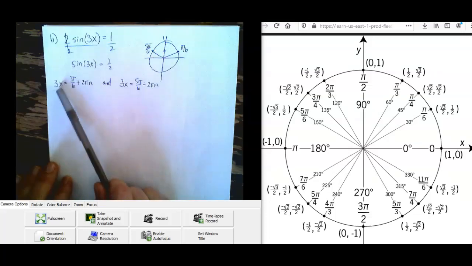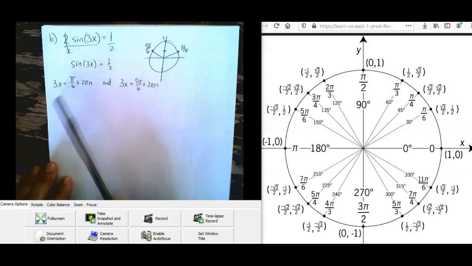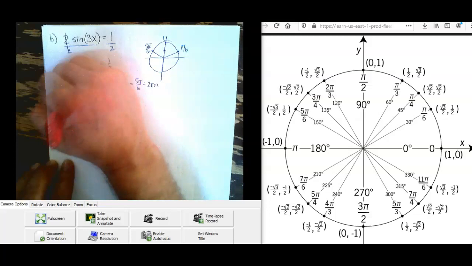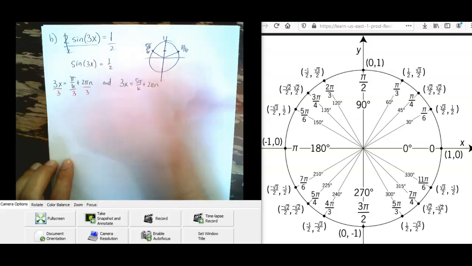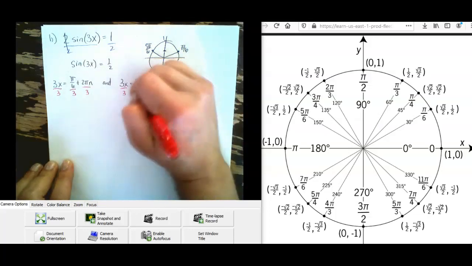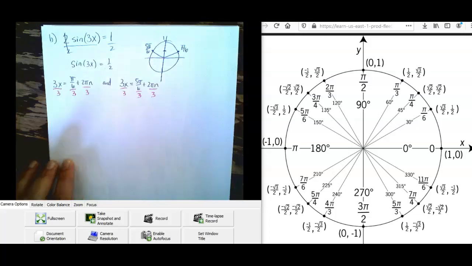So then all that's left to do is divide each side by 3, right? So we're going to divide each term by 3.